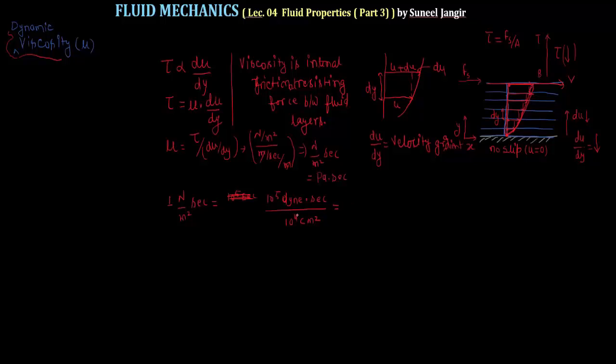From these two, this will cancel out, leaving a power of 1, so this is 10 dyne second per centimeter square. So 1 Newton per meter square second, that is Pascal second, is equal to 10 dyne second per centimeter square. This term is defined as poise.